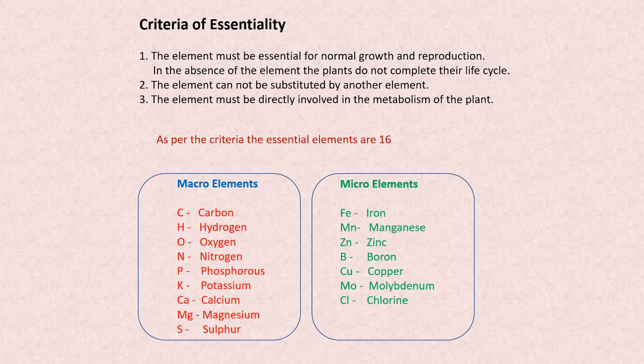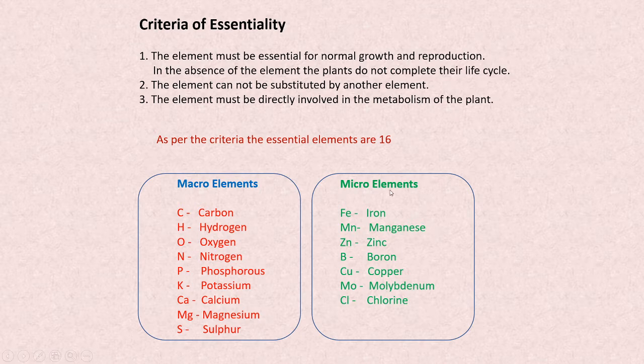Then, by applying the above criteria, it is established that 16 elements are essential for plants. The essential elements are classified as macro elements and micro elements. Already discussed that macro elements are required in larger quantities, that is more than 1000 microgram per gram of dry weight.